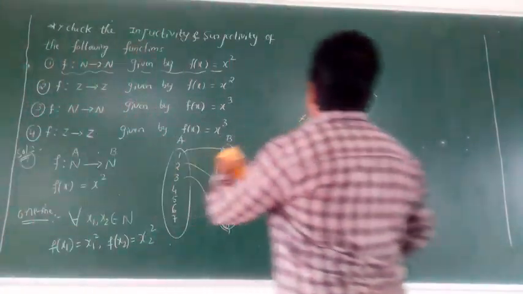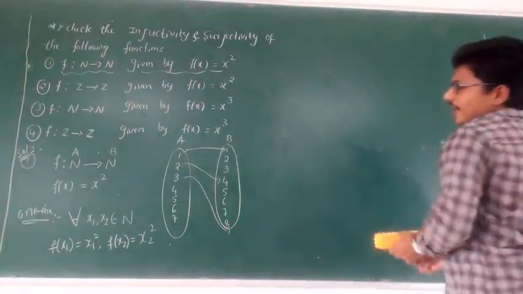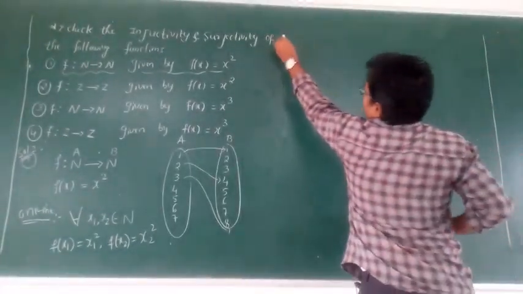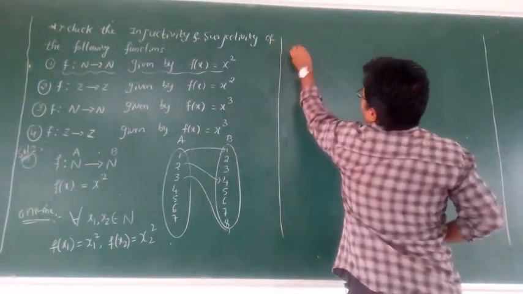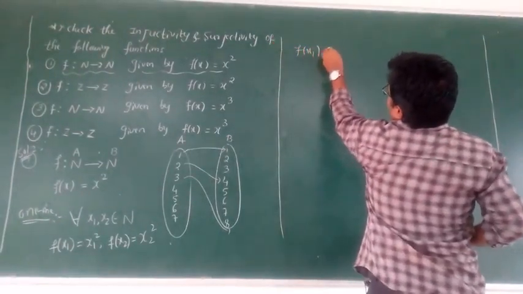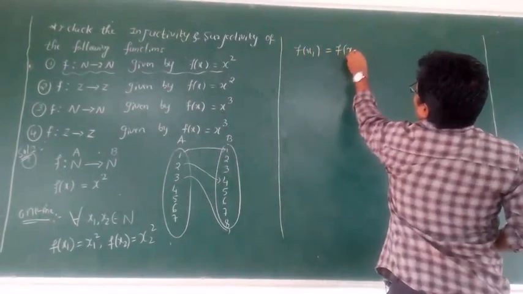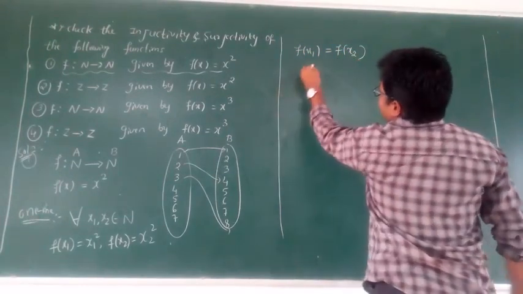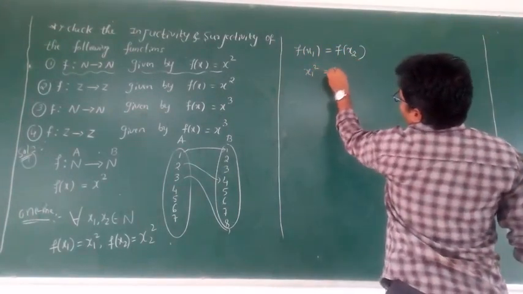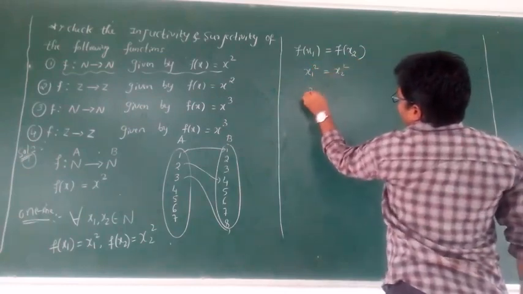Next, make them equal: f of x1 is equal to f of x2. That means x1 whole square equals x2 whole square.